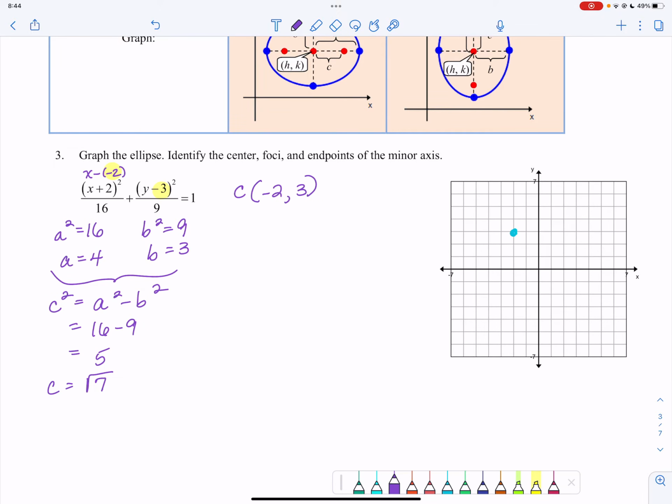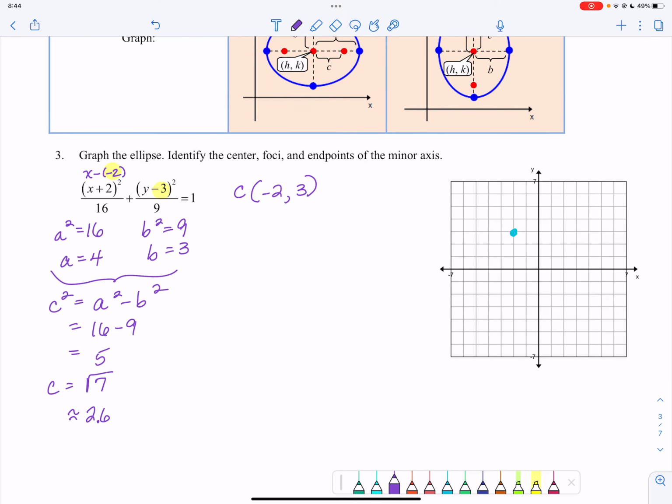And yeah, so now we can go ahead and look at our vertices and look at our foci, okay? So let me just put this is about equal to 2.6.